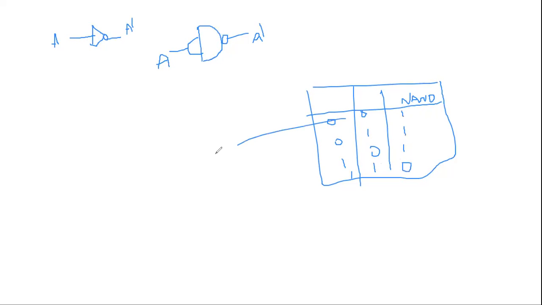Let us consider these two conditions, 0 0 and 1 1. If I give input 0, output is 1. If I give input 1, output is 0. So when we short both inputs, we get A bar. So it is the complement. So using NAND, the inverter circuit is this one. This is the basic circuit. Remember this one.